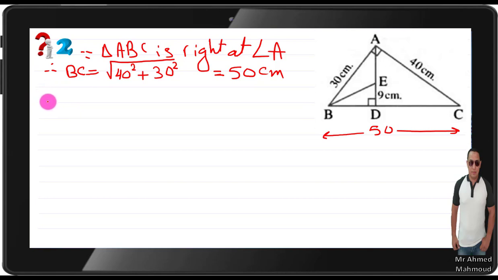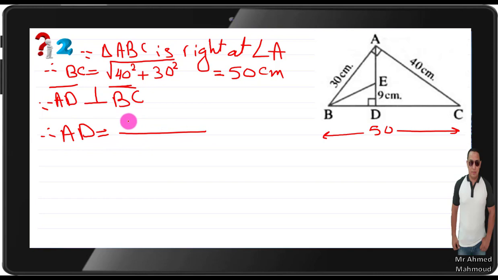Since AD is perpendicular to BC, therefore AD equals AB times AC over BC, which is 30 times 40 over 50, equals 24 centimeters.